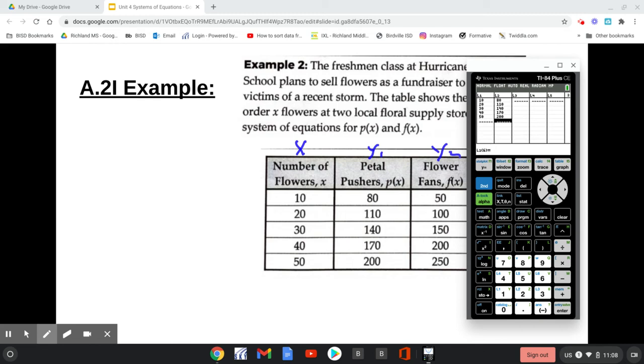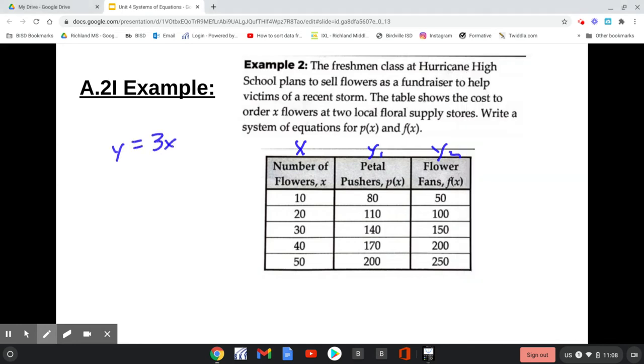I'm going to hit stat, tab 4, enter all the way down. And I know the first equation is y equals 3x plus 50. So this tells me they have a delivery charge of $50 and the flowers are $3 each.